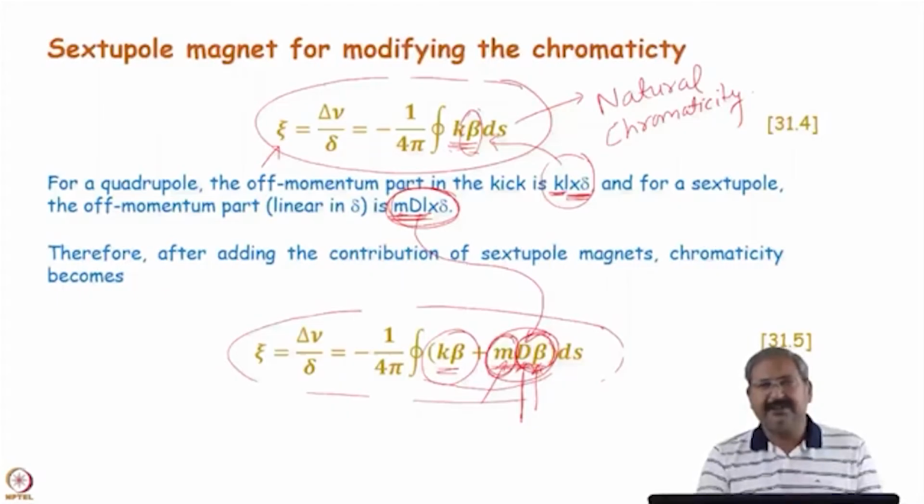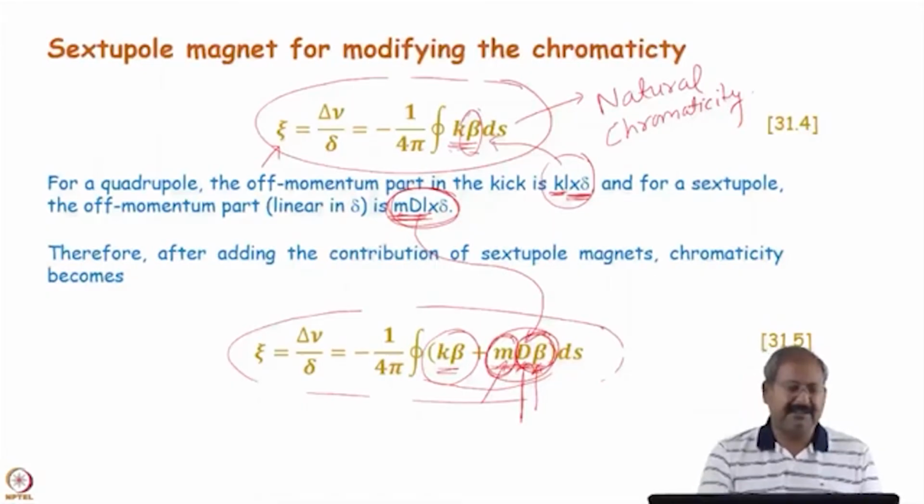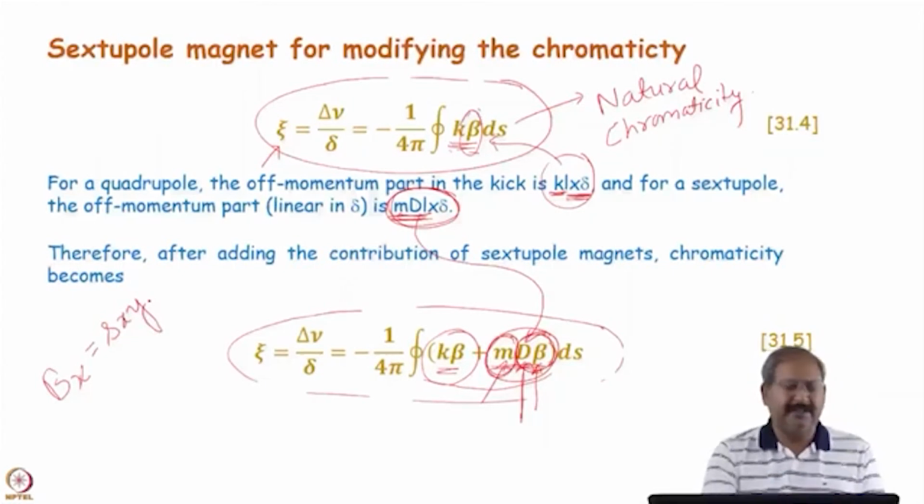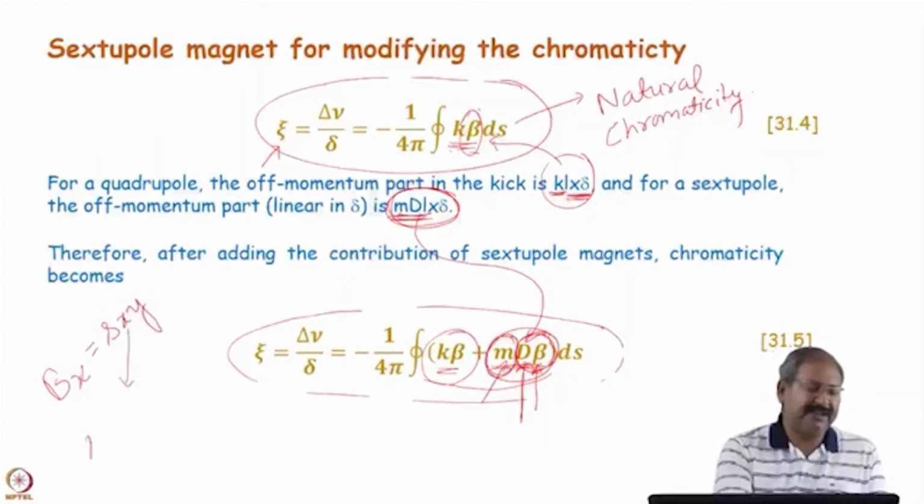Now one question can arise here. If in vertical plane there is no dispersion, then how can the sextupole magnets correct the vertical chromaticity? And the answer is that because you have Bx equal to Sxy for the sextupole magnets, and if you put x as x betatron plus D delta, we will have a term D into y delta.